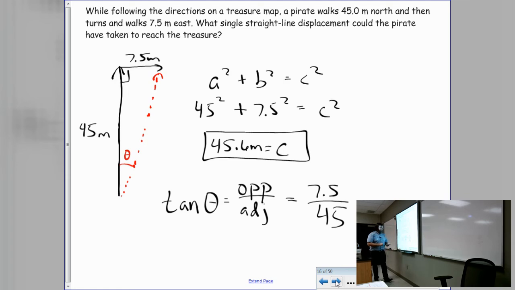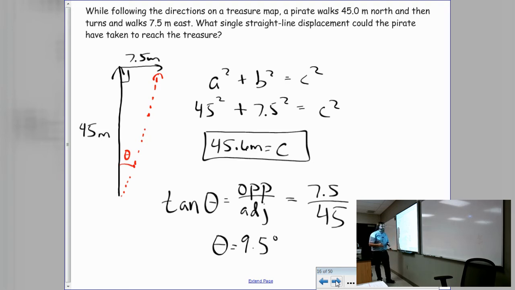I'm going to do inverse tangent of 7.5 divided by 45 to find my angle, and I get an angle of 9.5 degrees. And again, that's not entirely done yet. It is the angle measurement, but we also need to include the coordinate system.